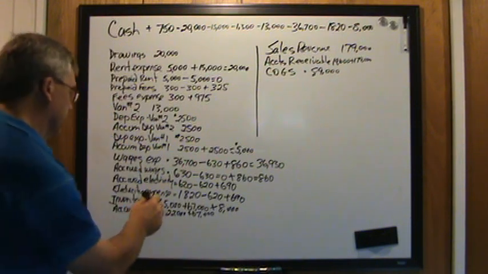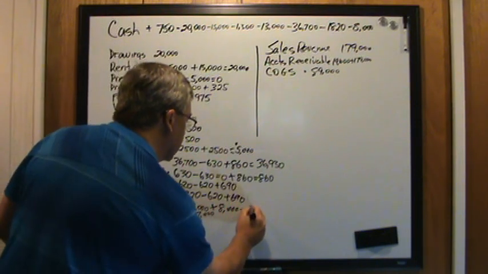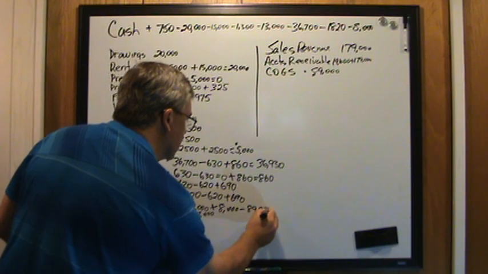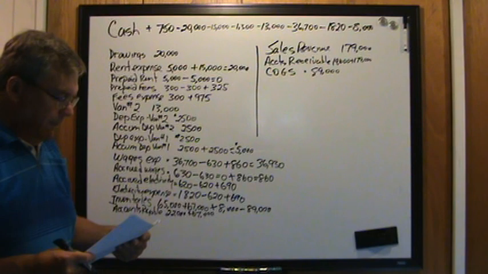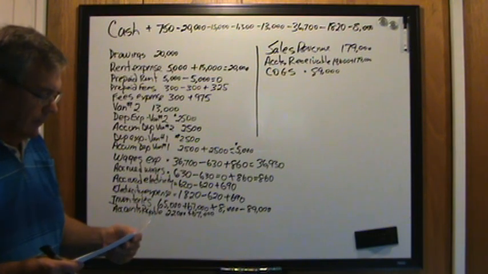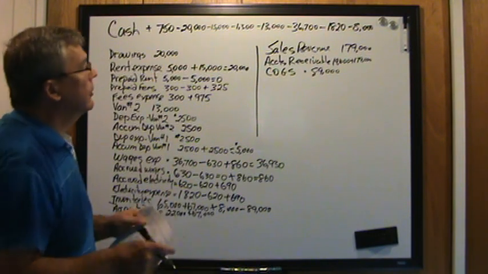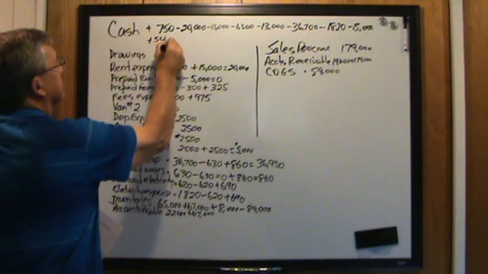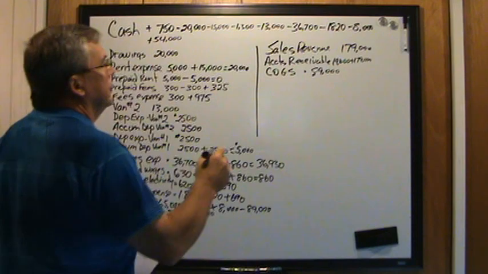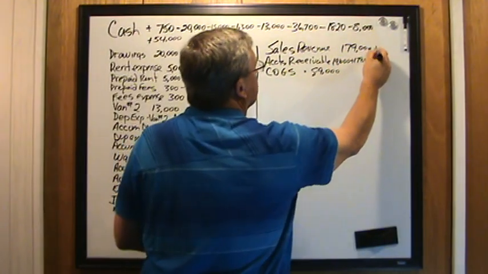So we'll reduce inventories by 89,000. Now we made some cash sales. The revenue from those was 54,000, so we're going to increase cash by 54,000. We're going to increase sales revenue by 54,000.